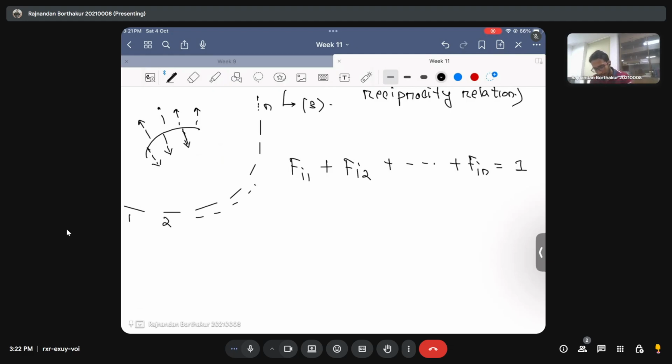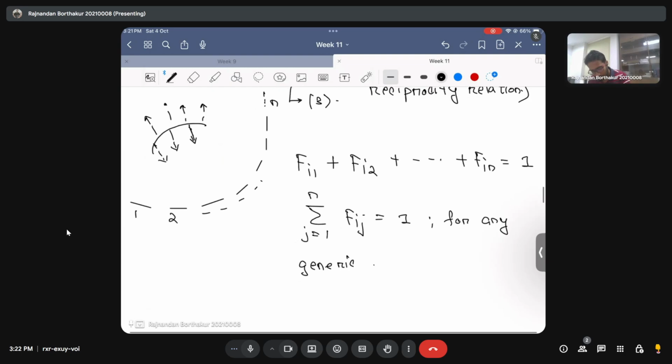In shorthand, this summation can be written as the summation over j going from 1 to n of Fij is equal to 1 for any generic ith surface.